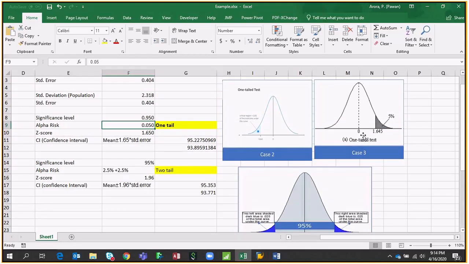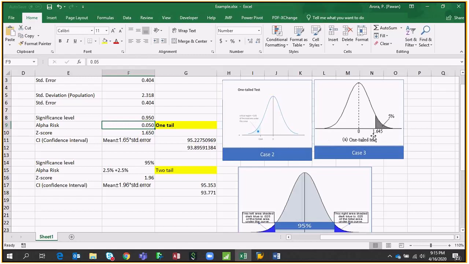On the right hand side, if you have 5%, the remaining area is 95%, which is your significance level, and this 5% is nothing but your one tail. Similarly, on the left hand side, this is also your 5% alpha risk, and the remaining is 95%. You can see a number on the bottom, 1.645.